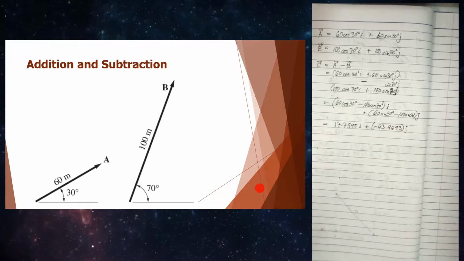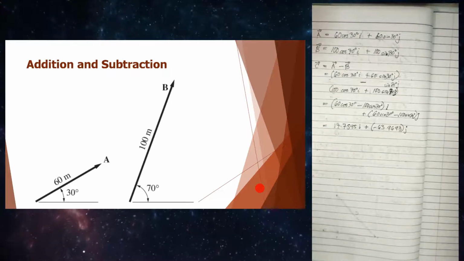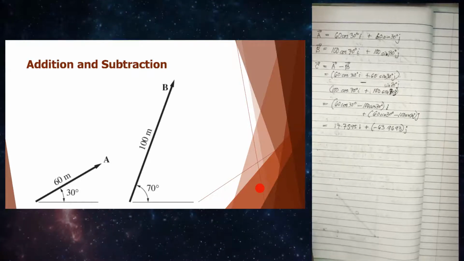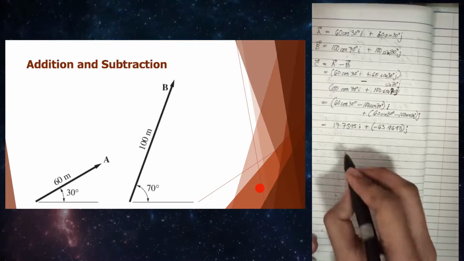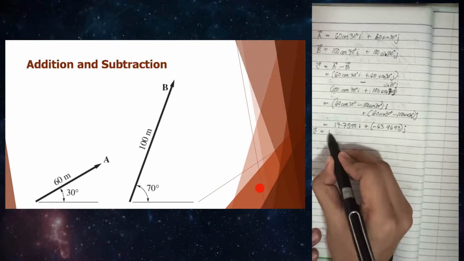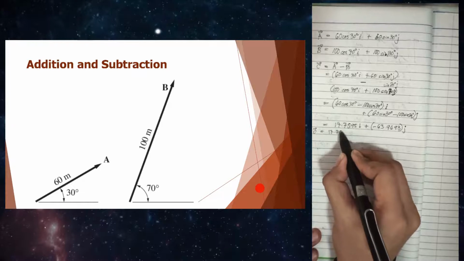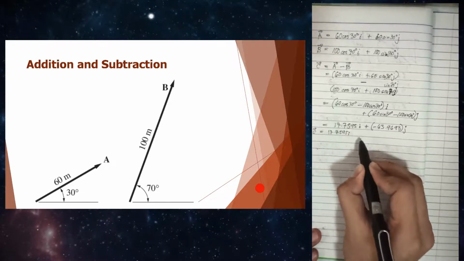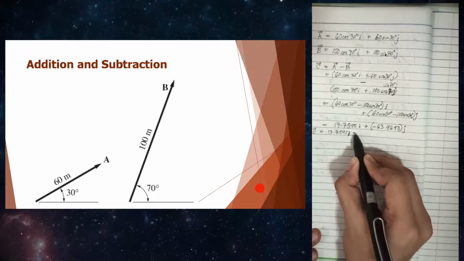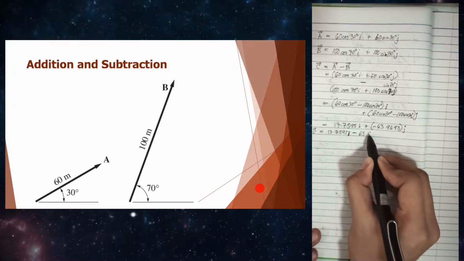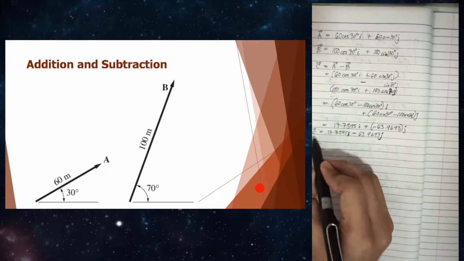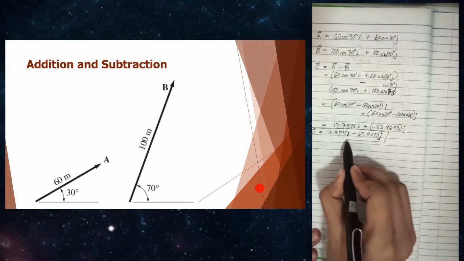Double check ko lang ulit. Tama naman. So vector C, therefore, is equal to 17.7595 I minus 63.9693 J. Okay, ito yung vector form.